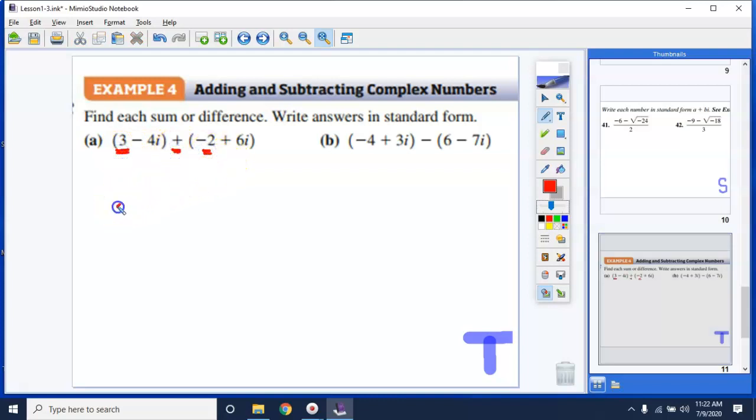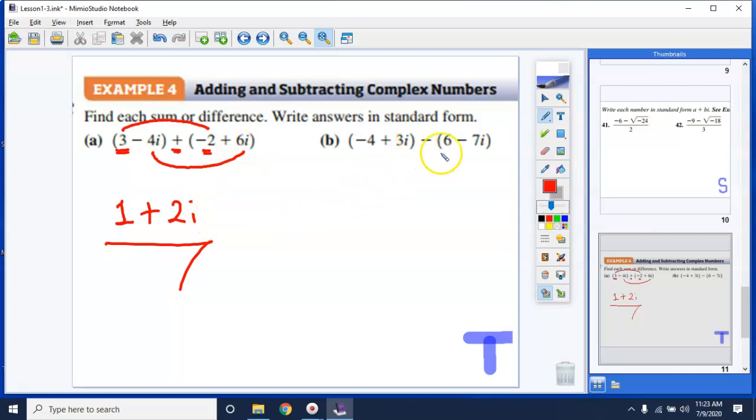So it should be equal to 1. And then let's take care of those complex numbers right now. Negative 4i plus 6i. So it's going to be 2i. And that's my final answer. And I cannot go further. Now combine real numbers first, and then combine complex number, and that's it.